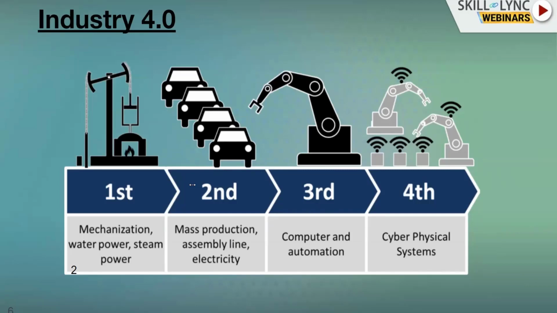So when the internet and networks thrived after 2000, we got that extra capability to connect all these things and keep on analyzing what is happening, what the history of that particular asset was, and what the future can be. So that is what we call Industry 4.0, which is the cyber physical systems.